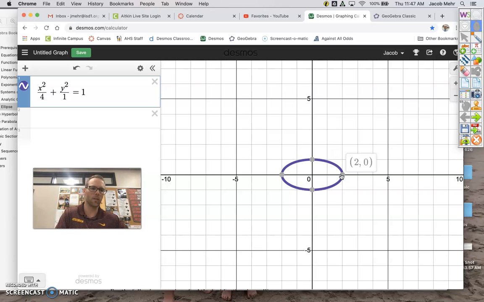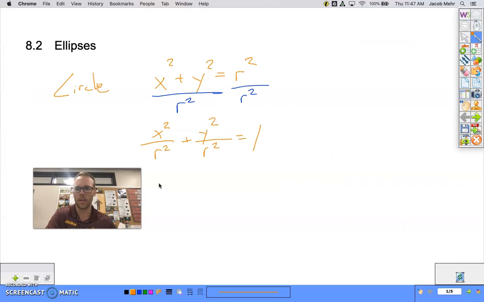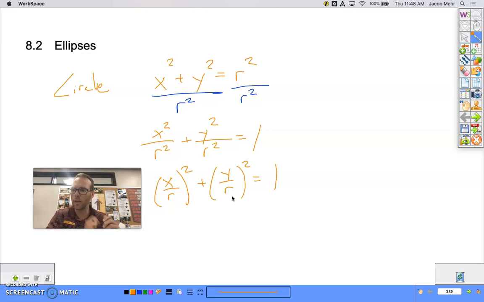And the way I can think about that is I can rewrite this like this. We know, thinking about how transformations work on equations, we can manipulate them to do our transformations.